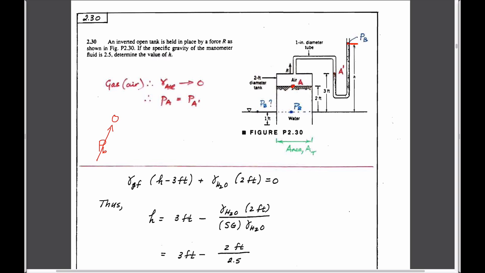Maybe it's a bit confusing, I guess, because we had PB at both places, but PB is equal to 0. And we go down to this location here. We go down H and we go up 3. And so it's equal to the unit weight of the gauge fluid multiplied by going down, so we're increasing pressure, and going up, so we're decreasing pressure by 3 feet.